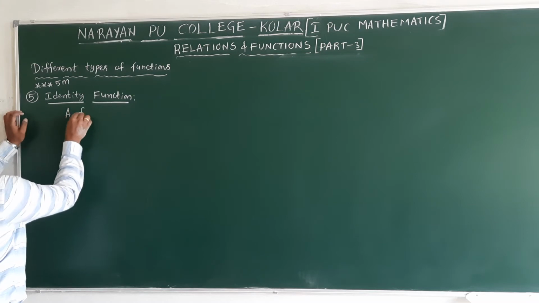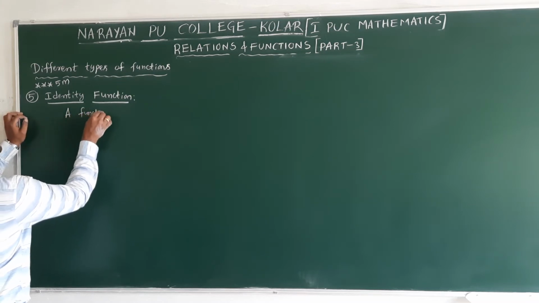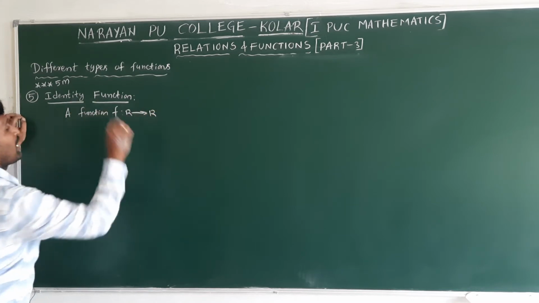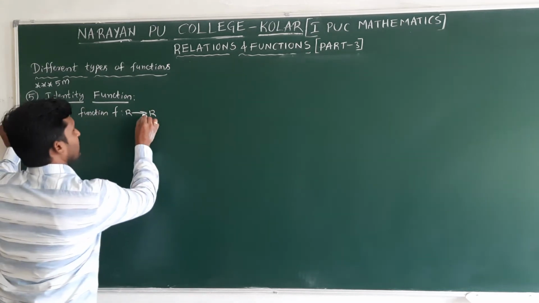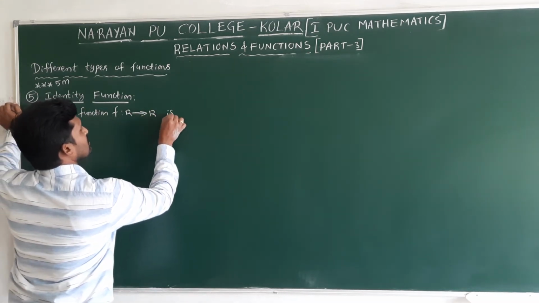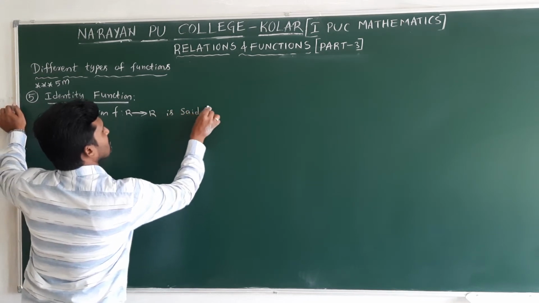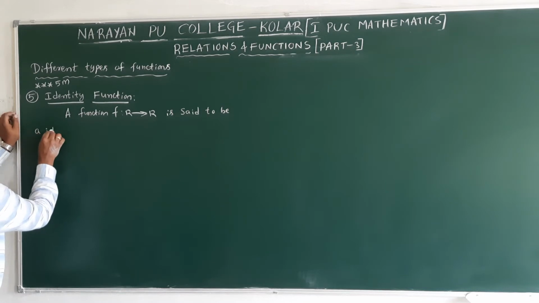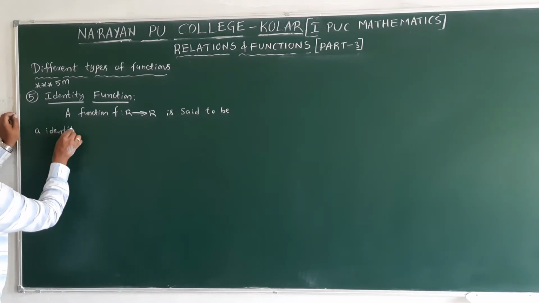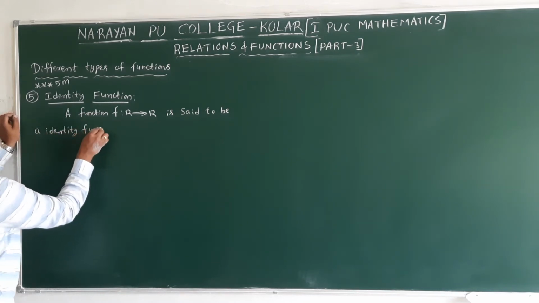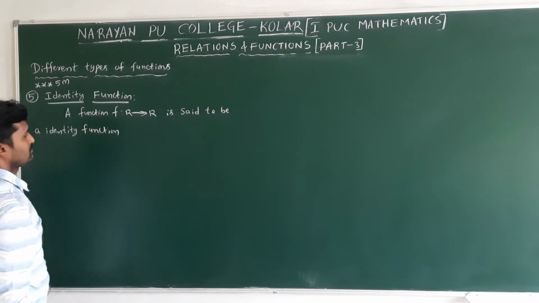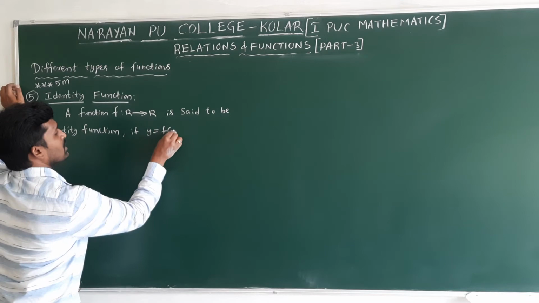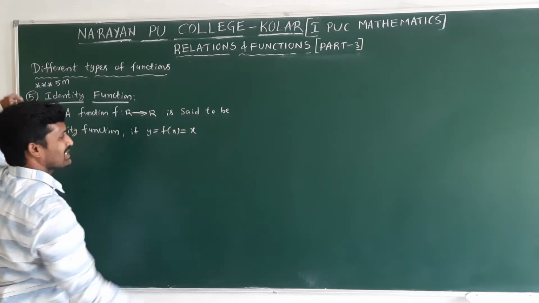A function f maps R to R is said to be an identity function if y equal to f of x equal to the function is what?